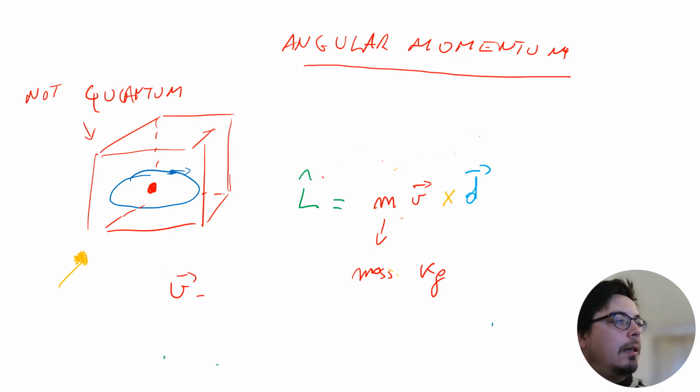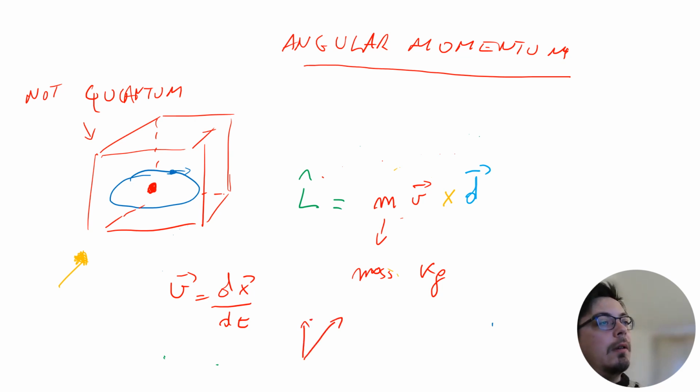Velocity is the derivative of the space over time. We know what the derivative is, so we are not scared. It's a vector, and it tells you the change of position. So in this picture here, x1 and x2 are two positions at two different times, and the velocity is the difference of these two vectors.